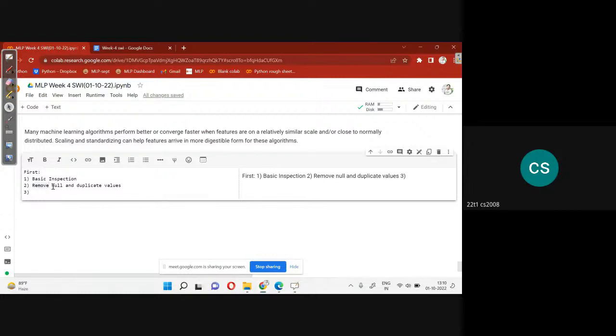You can remove them, or you can also replace them with the mean or median value. Here you don't have null and duplicate values, so no need to worry about this.